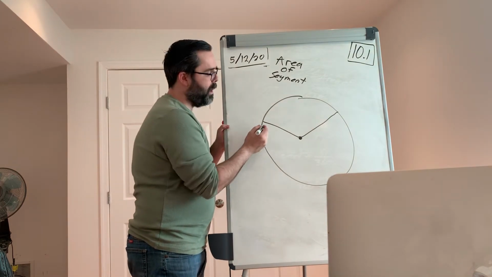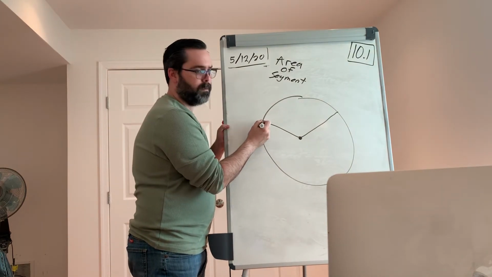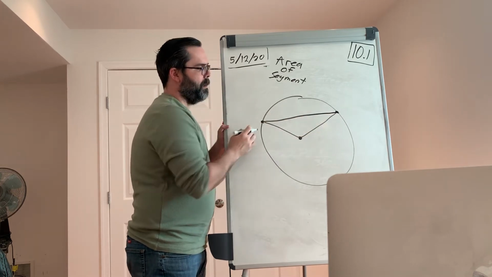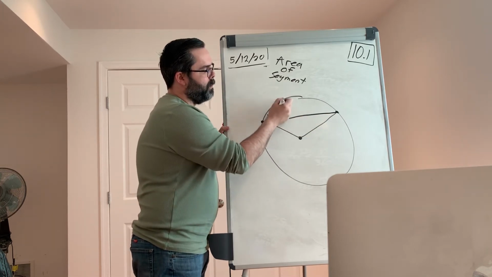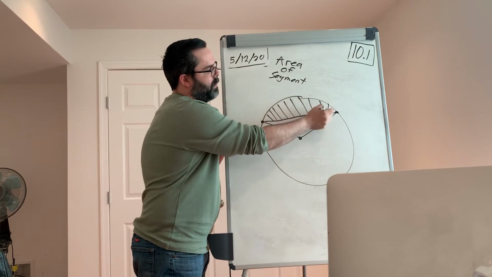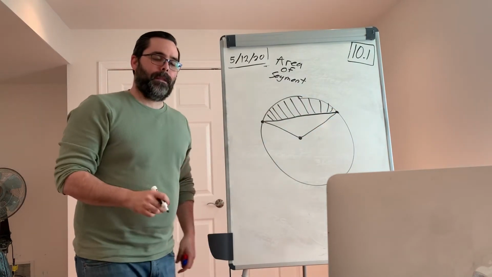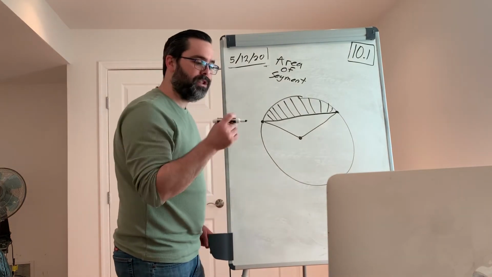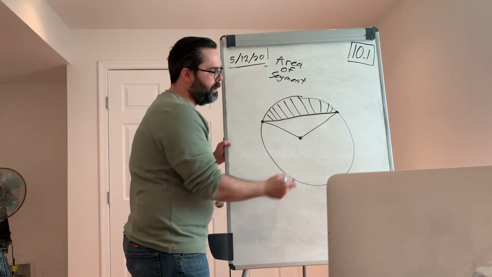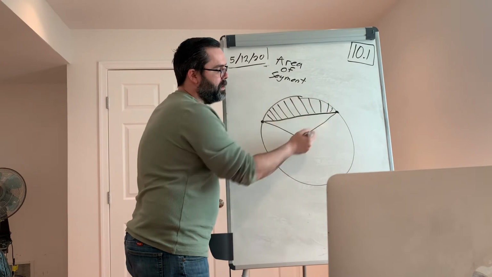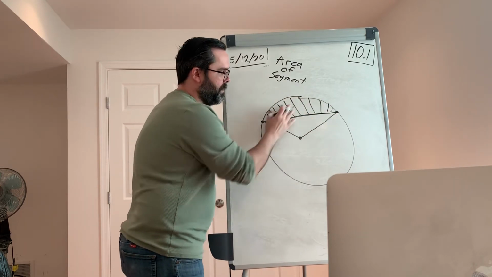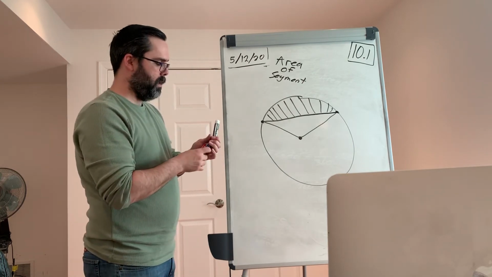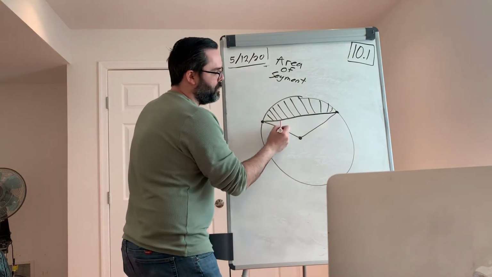If I draw a line from the end of this to the end of this, it is called a chord. The space above that chord is called a segment. Now, to find the area of this segment, here's what you're going to do. First, you need to find the area of this sector, which is all of this space. And then we're going to subtract out the area of this triangle.